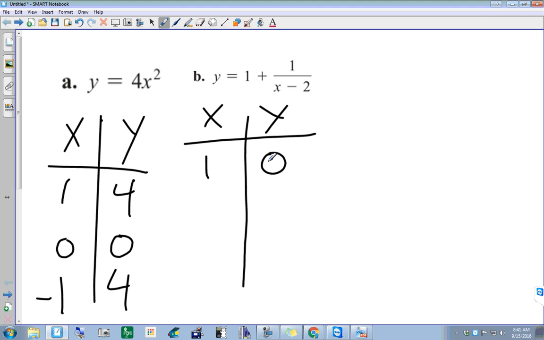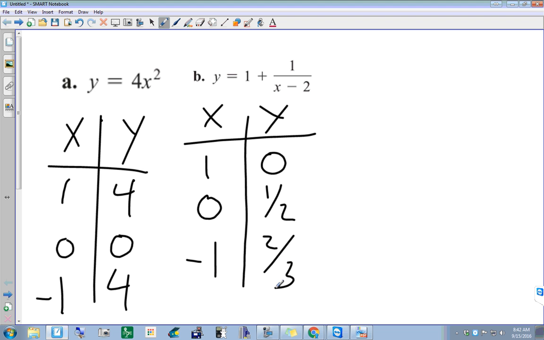Okay? What happens if I put 0 in here? Well, if I put 0 in there, 0 minus 2 is negative 2, so 1 over negative 2. Okay, so that should give me positive half. Yes? Okay? If I go and put in the negative 1, I put in negative 1, I get negative 3 on the bottom, 1 over negative 3 plus 1, so that gives me 2/3.